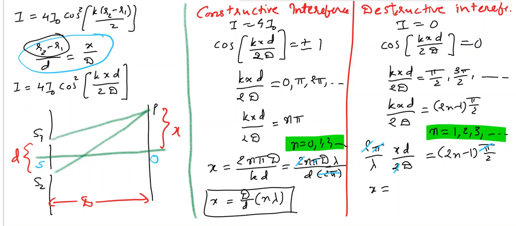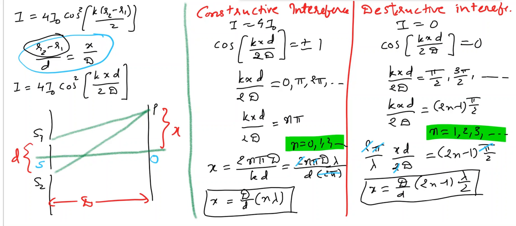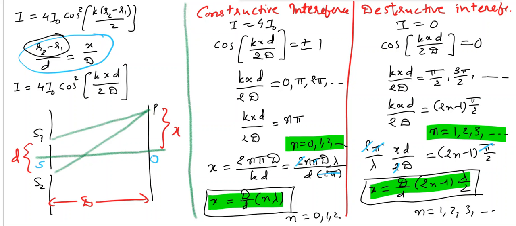What I'm left with is x equal to D by d times (2n minus 1) lambda by 2. This is the condition for the point x to be dark. Here n is 1, 2, 3, and for the bright case n is 0, 1, 2. So for these values of x the point will be bright, and for these values of x the point will be dark. Thank you.